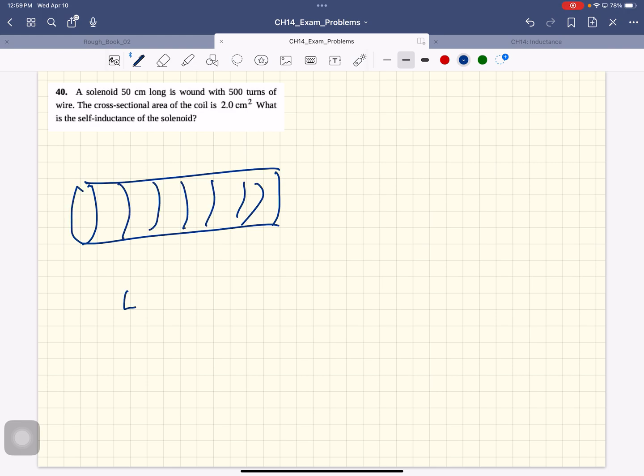The self-inductance, denoted by L, is mu naught N square A times l. N is the number of turns per unit length, and A times l is the volume of the solenoid. Little l is the length, and A is the area of cross section.